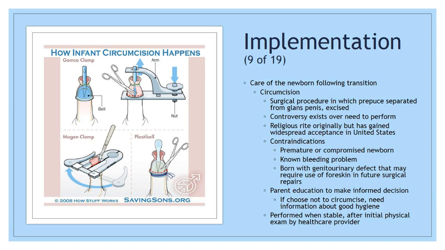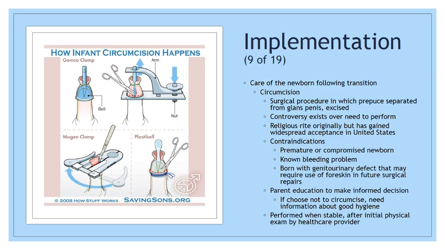extracted or excised. The Mogan clamp is a little more risky, I guess. It is basically just a clamp. The foreskin is pulled up over the glands of the penis, and this clamp, the person performing the circumcision has to ensure that the glands of the penis are not going to be clamped along with the foreskin, because once the foreskin is clamped, a scalpel is used just to remove the foreskin.